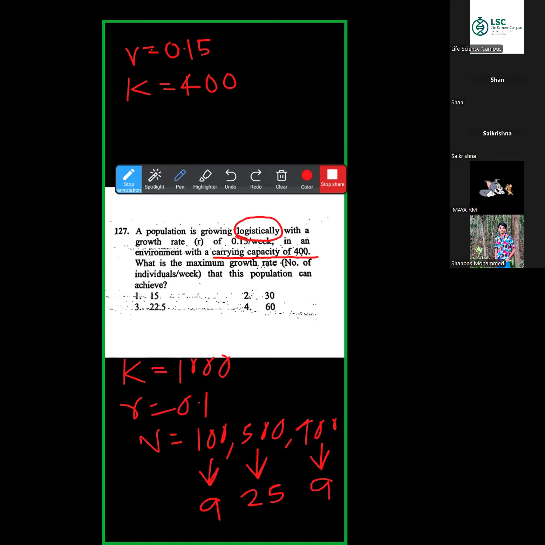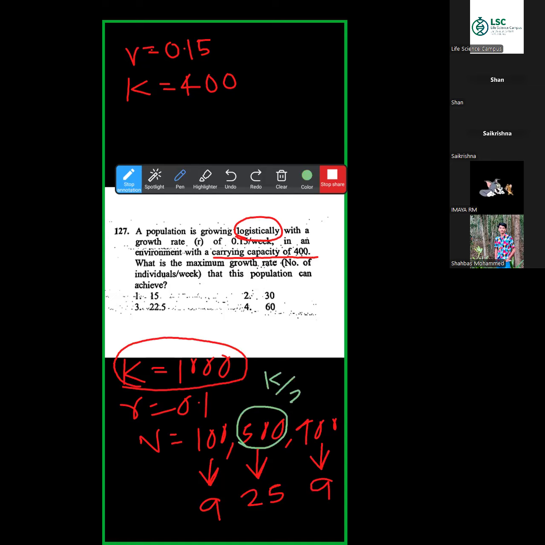From this, it is clear that maximum growth rate will be exhibited at half the carrying capacity. You can see that carrying capacity here is 1000, isn't it? And here the N value is 500, that is half of the carrying capacity. This is K by 2.